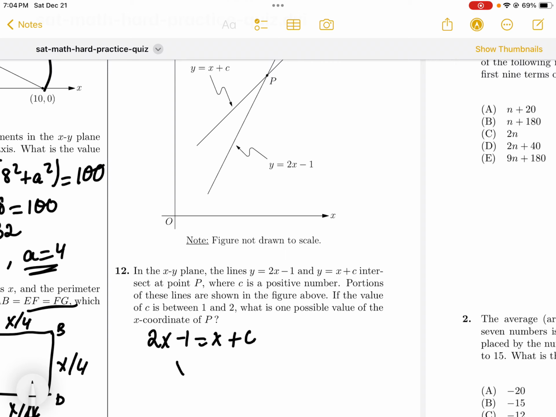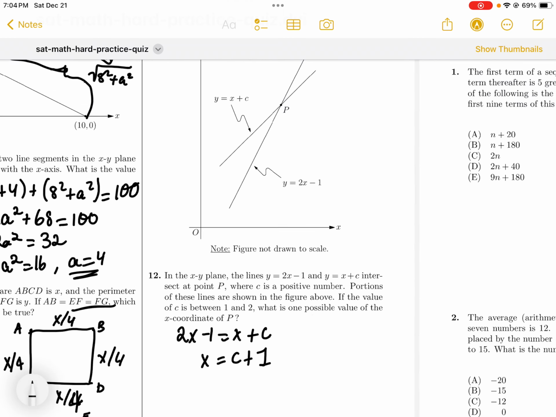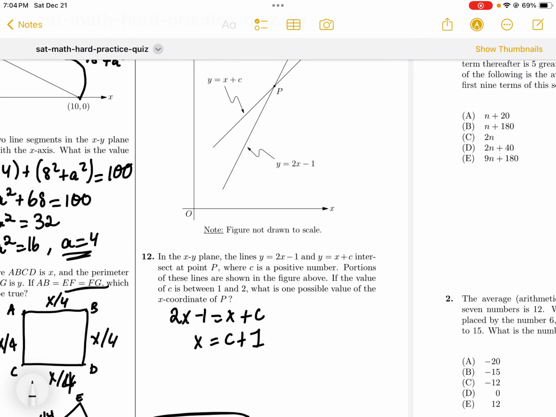So I can subtract x from both sides, and I can say x is equal to c plus 1. That's what I get. And what do they tell us?